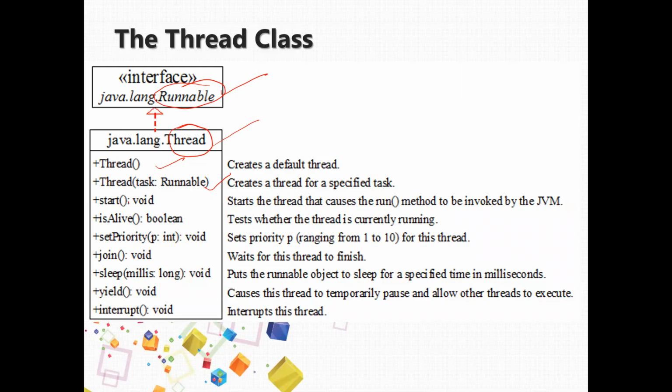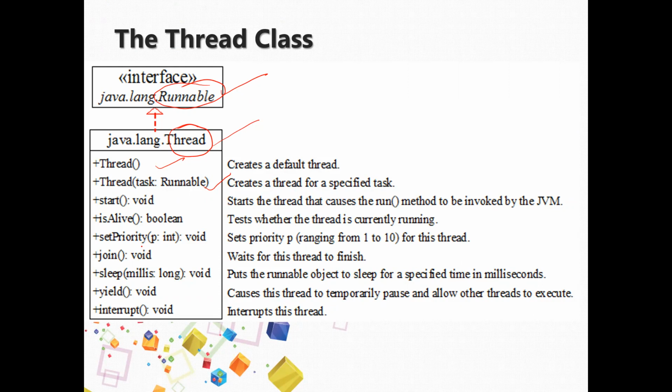If you want to check whether the thread is active or not, whether it has reached the terminated state or not, you can use isAlive. Hope you all know all the methods which start with is return true or false, that is boolean. So it is used to test whether the thread is currently running or not. And setPriority: when we discussed the thread lifecycle, I said that there will be a runnable pool.